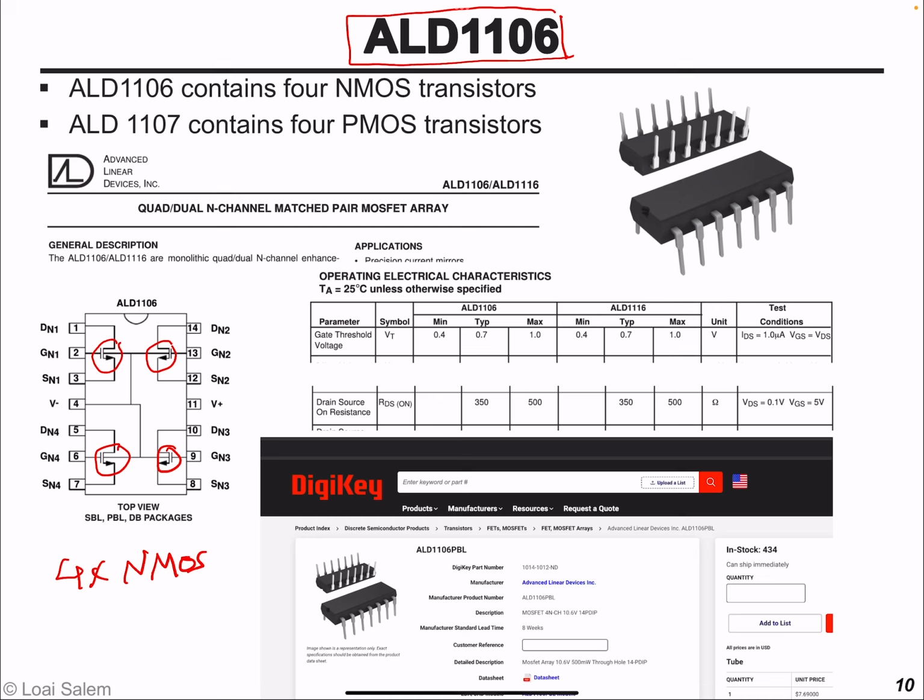Of course, if you need more details, you can go to DigiKey. DigiKey is a well-known supplier for electronic components, and search for the ALD1106, and you will find its details, data sheets, and all other related information. And as you can see, we have how many? 1, 2, 3, 4, 5, 6, 7 pins, and this is how it looks.